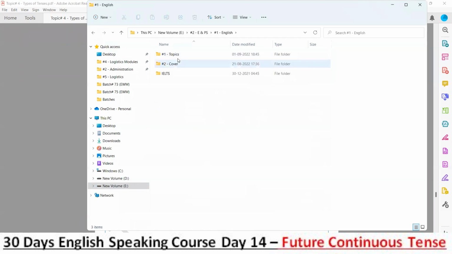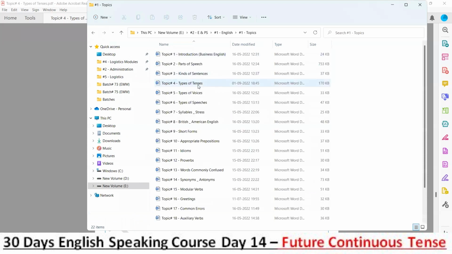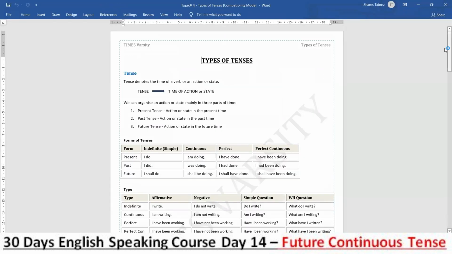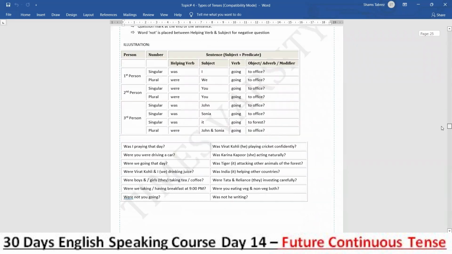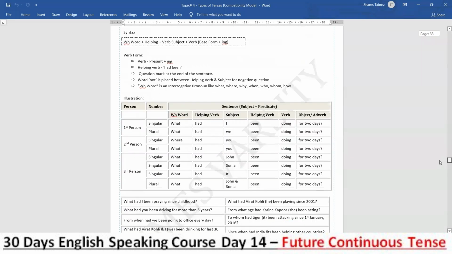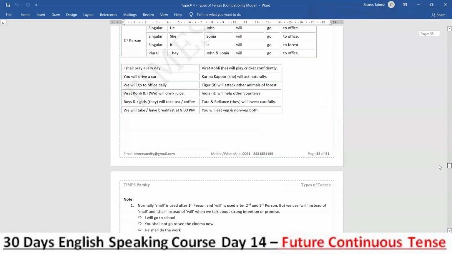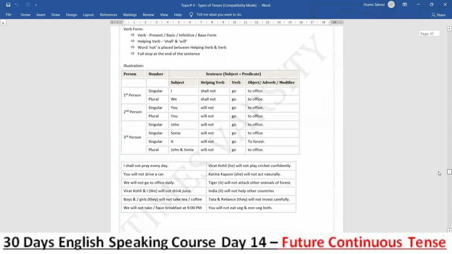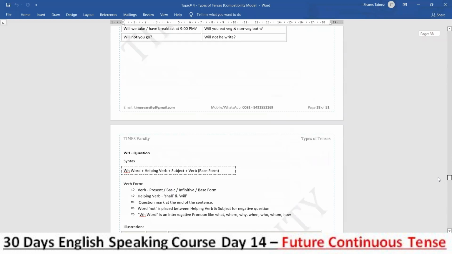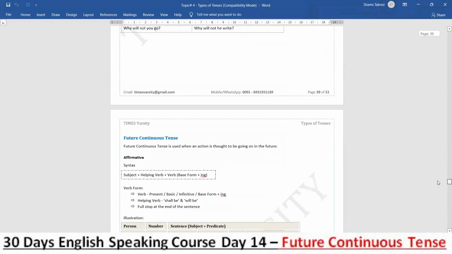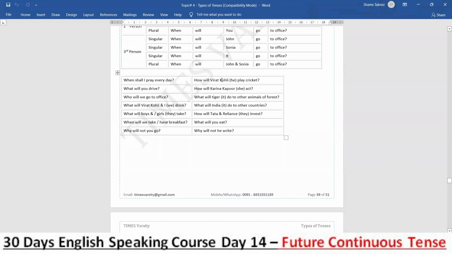So here we have future tense in WH question. Yes, how will Virat Kohli, okay, let's see.